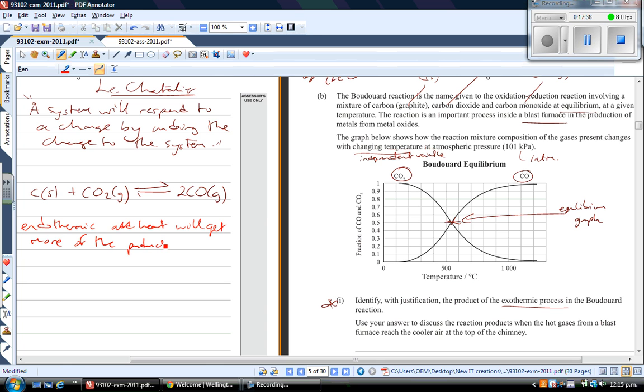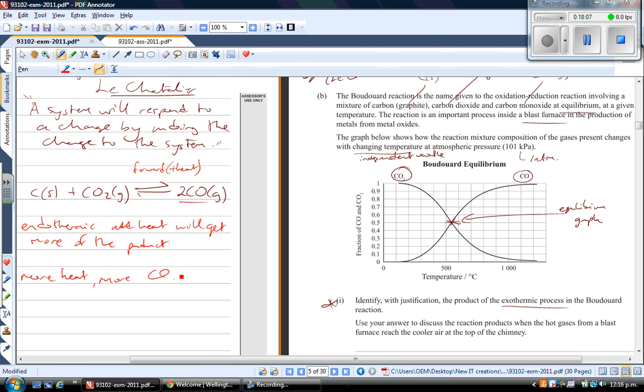The product species in this case is the carbon monoxide. And if you look at our graph, as you increase the temperature beyond 1000 degrees Celsius, we get more carbon monoxide. So the forward direction of this equilibrium requires heat. More heat will give you more carbon monoxide.